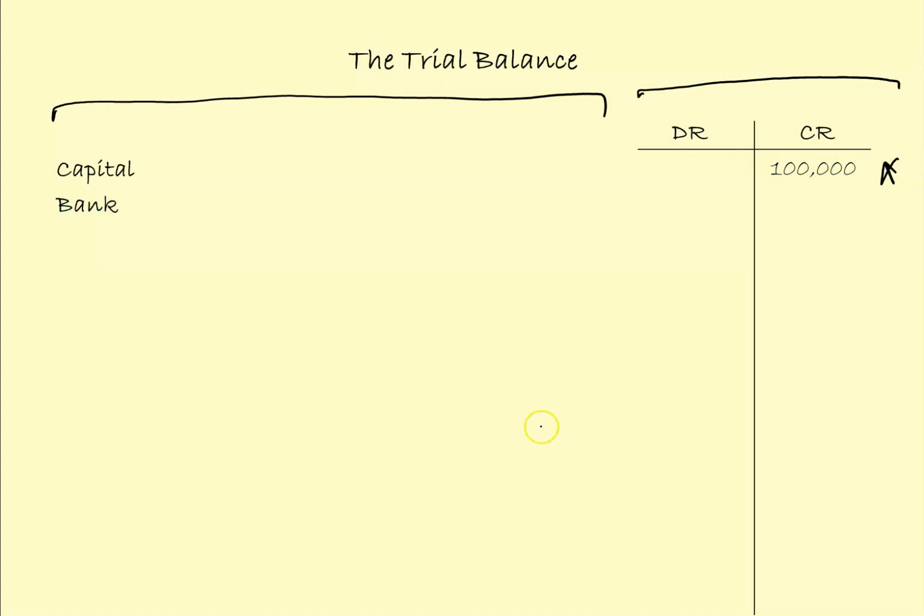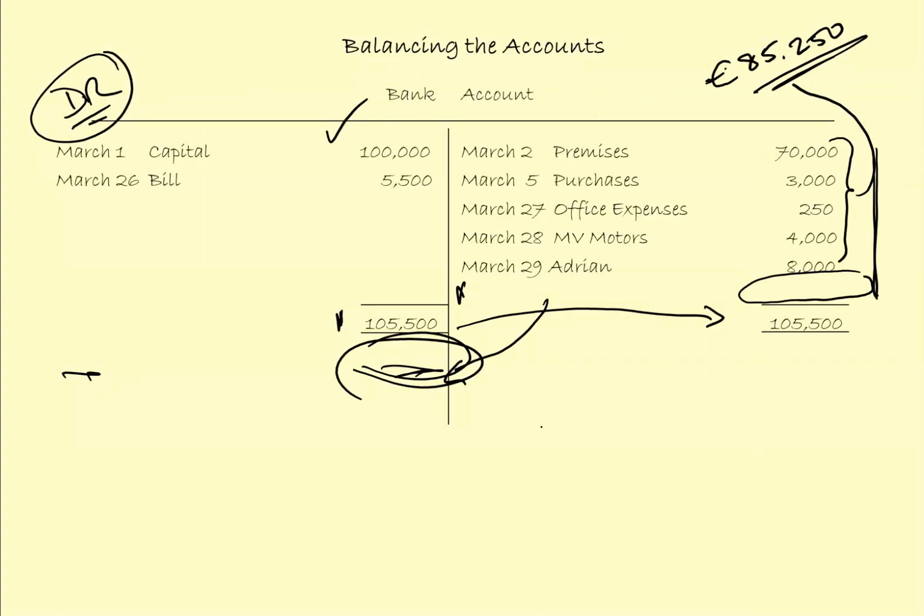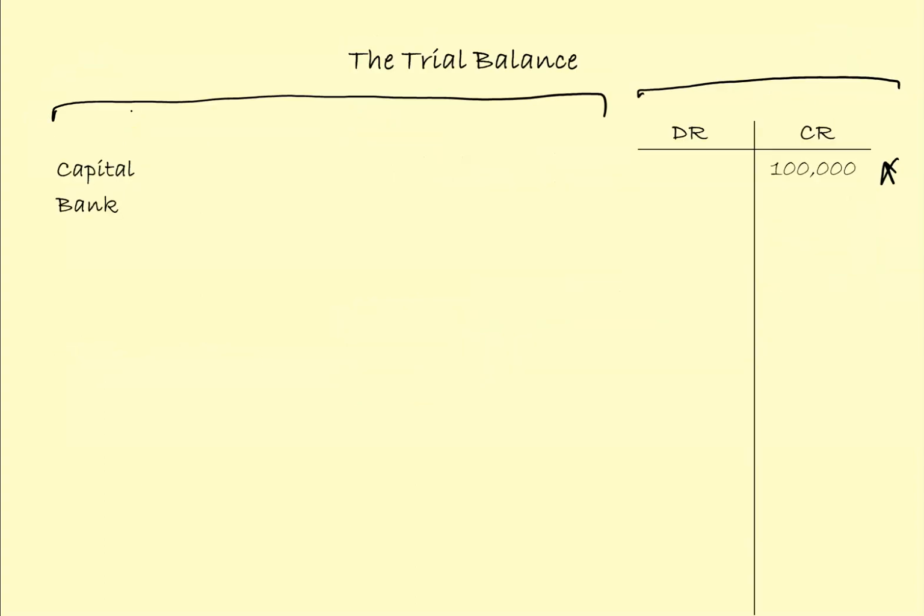So if I go back to the bank, oops, figures have disappeared. Let's just pop them back in again. The balance on the bank is 20,250 on the debit side. So I'm going to write that in here on the debit side.